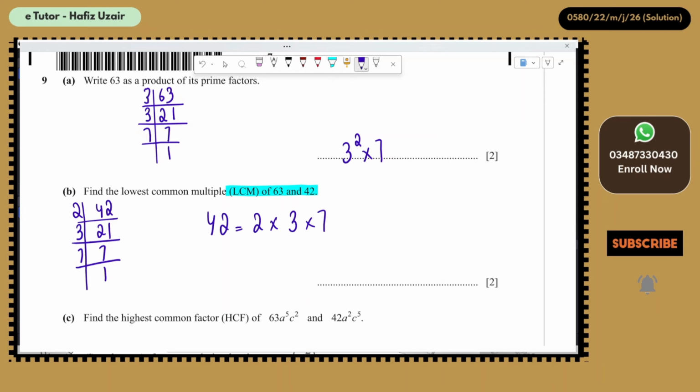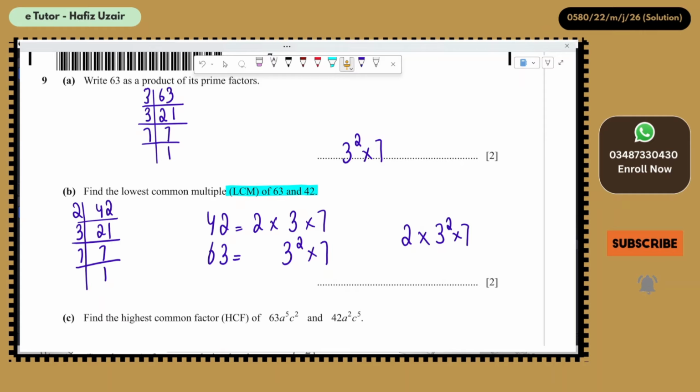All right, and 63 is actually 3 squared multiplied by 7. Now you can check that we don't have any factor of 2 in 63, so you can write 2 multiplied by 3 squared multiplied by 7. In the LCM we take the bigger power, so we will take 3 squared from here. So now 2 times 3 squared is 18 and then 7.